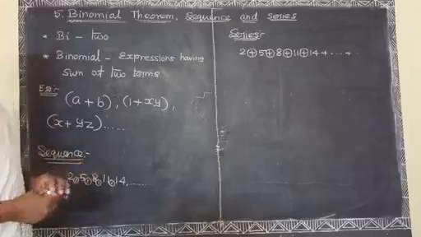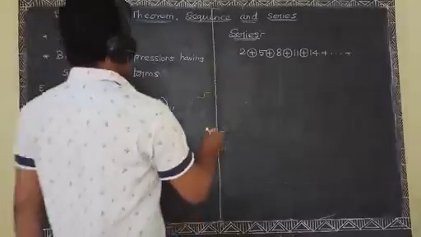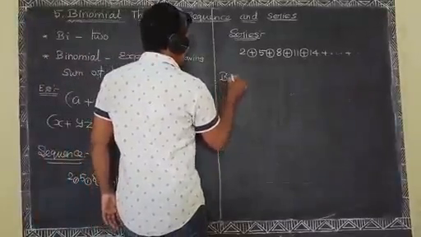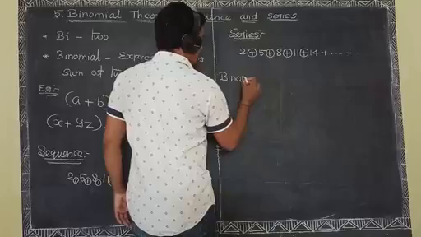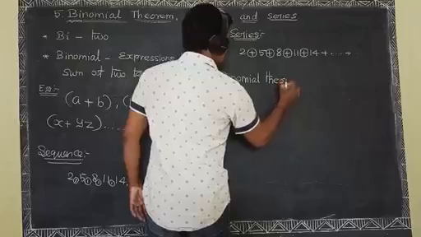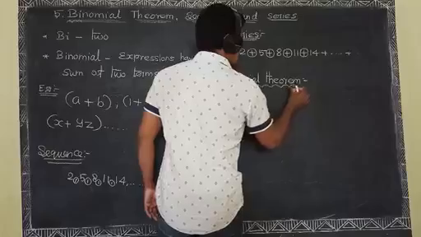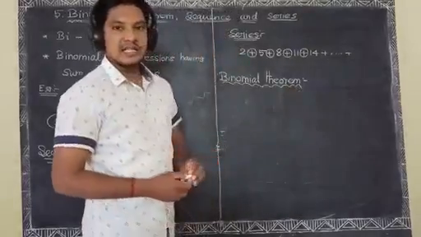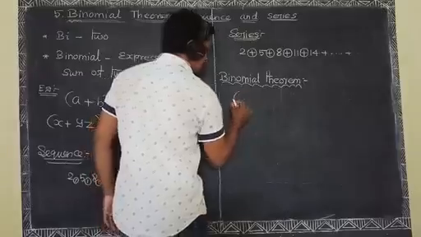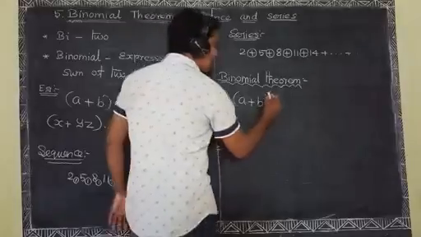Now, the binomial theorem. The word binomial is an expression having a sum of two terms. For example, a plus b, the whole power n.